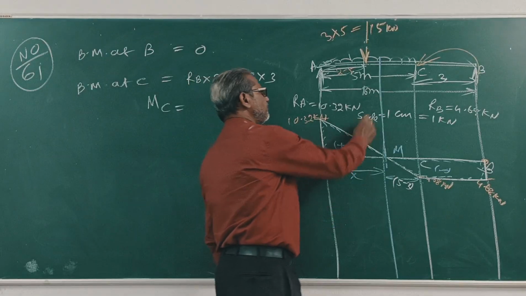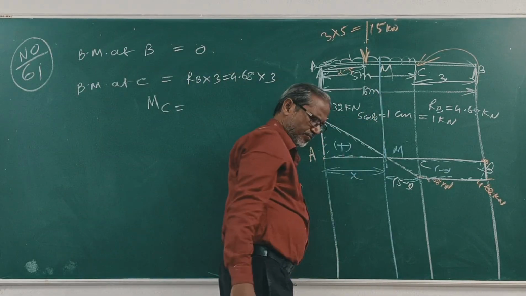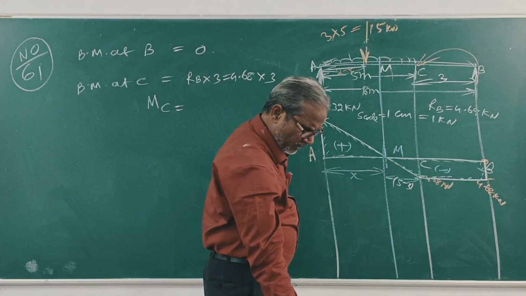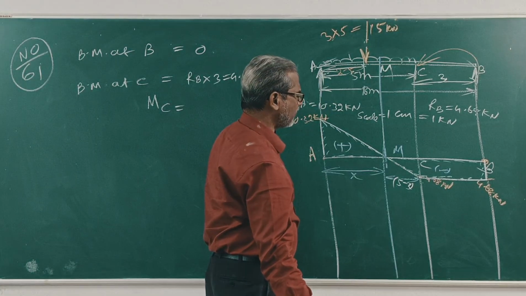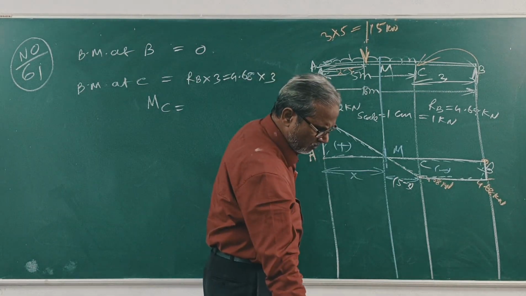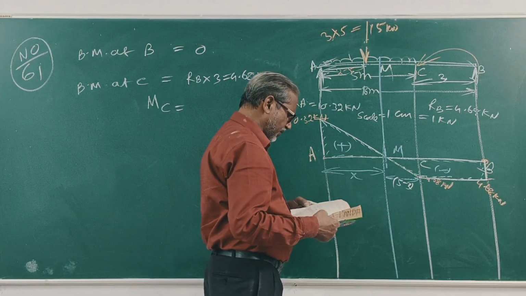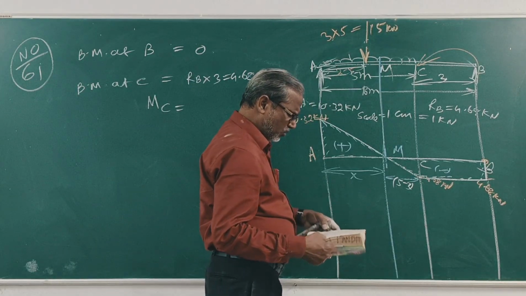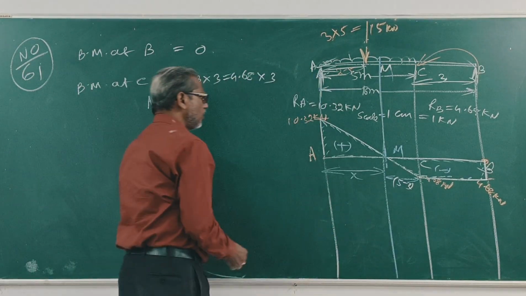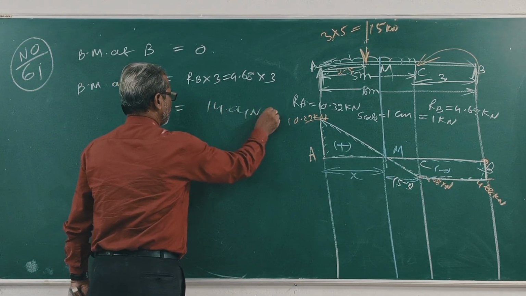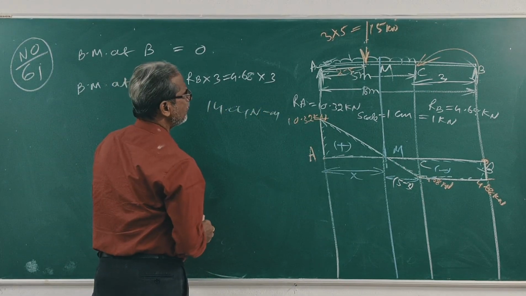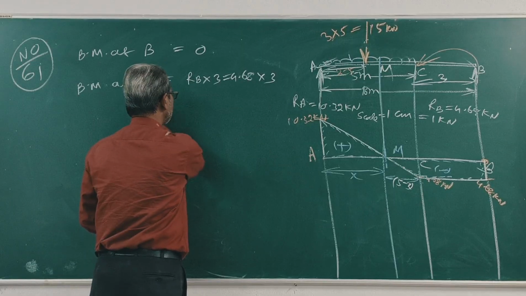This point M. Clear? So bending moment at C, MC is equal to RB into 3. What is RB? 4.68 into 3. This answer may be 14.04 kilonewton meter.